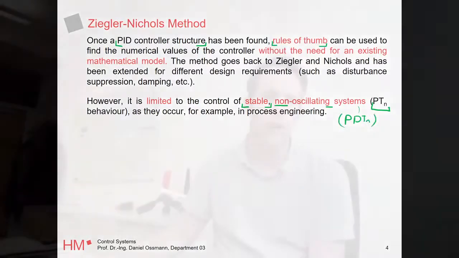So think of an aircraft, pitch dynamics, as you covered or still cover in flight mechanics, is always oscillating, and a self-driving car has always an oscillating behavior, so it's unsuitable for that. But like process engineering told you in the morning, process engineering has a lot of delayed processes in it. For these systems, this method actually works pretty nicely.